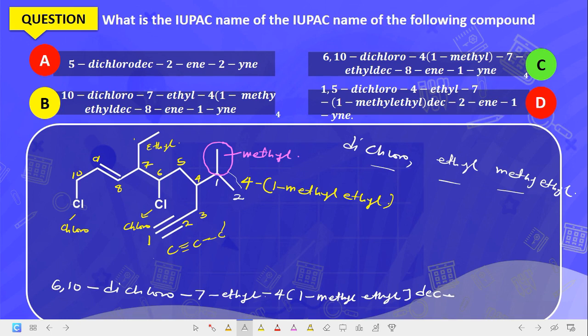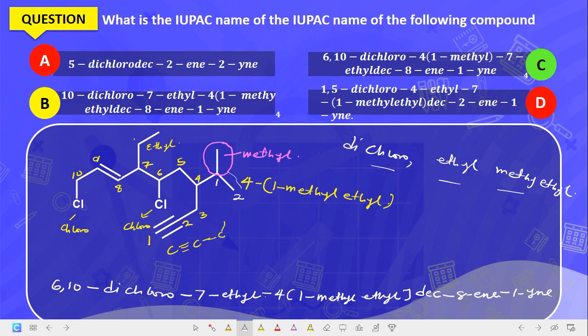So this is dec. Now at what position is the ene group? It's at position number 8. So you say dec 8 en. At what position is the yne group? It's at position number 1. So we say dec 8 en 1 yne. And that is the name of this compound.